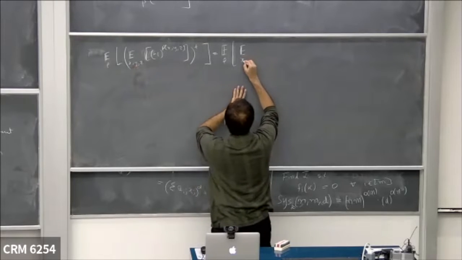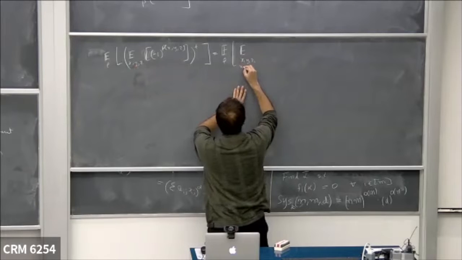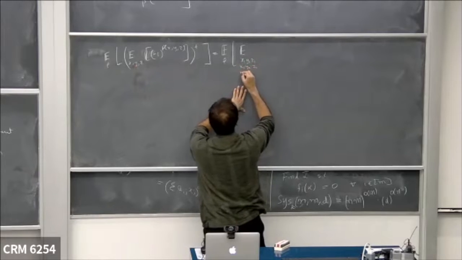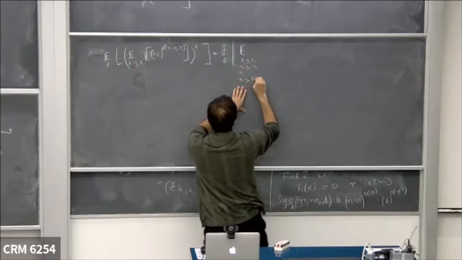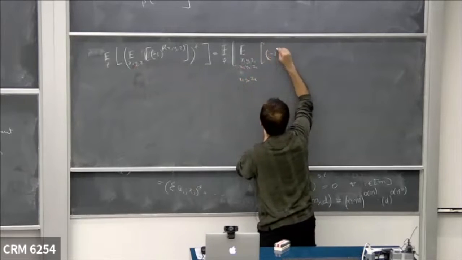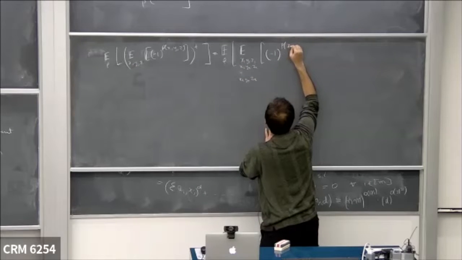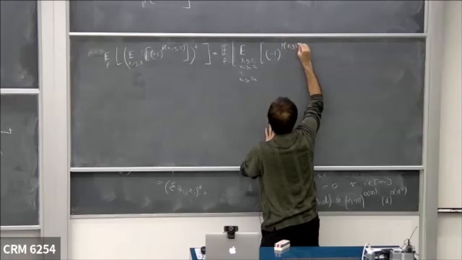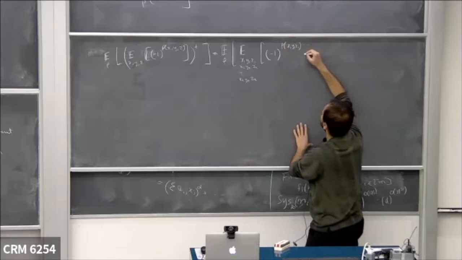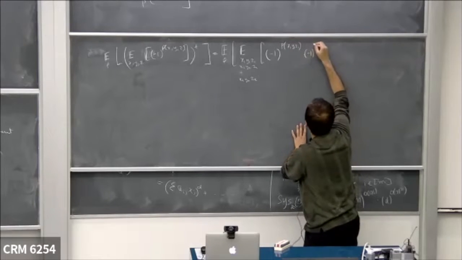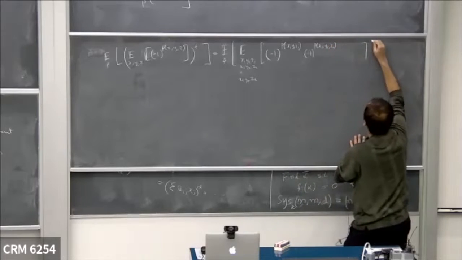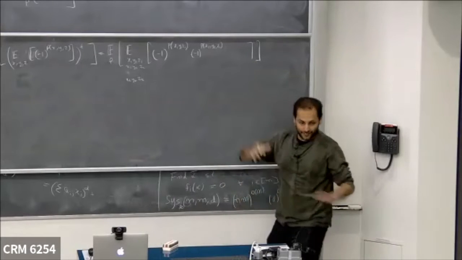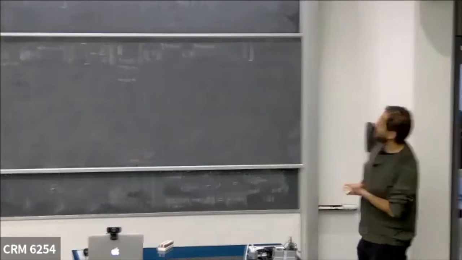So this is the expectation over X1, Y1, Z1, X2, Y2, Z2, and so on, up to XT, YT, ZT, of (-1) to the P of X1, Y1, Z1 times (-1) to the P of X2, Y2, Z2, dot dot dot. This is just a massive exponent up there.